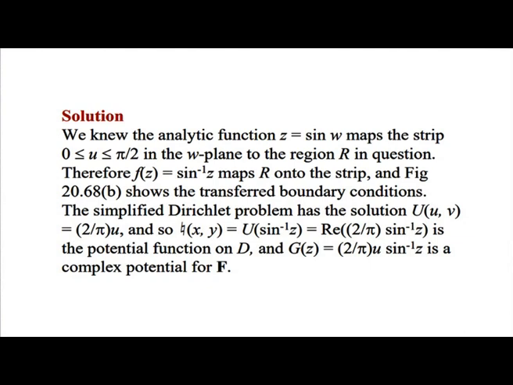The simplified Dirichlet problem has the solution U of u, v equal to 2 by pi into u, and so phi of x, y is equal to U of sin inverse z, that is the real part of 2 by pi sin inverse z, which is the potential function on D, and g of z is equal to 2 by pi into sin inverse z is a complex potential for capital F.